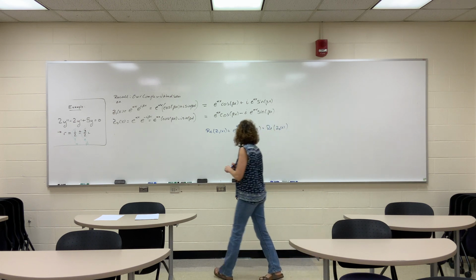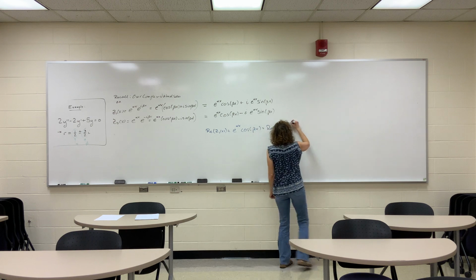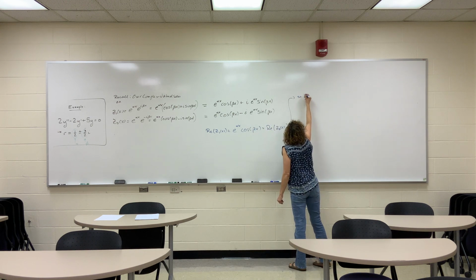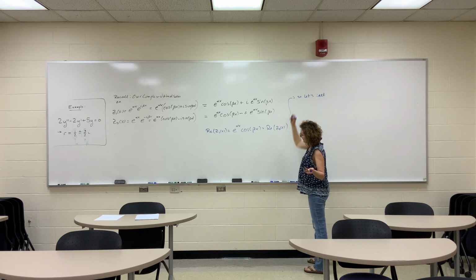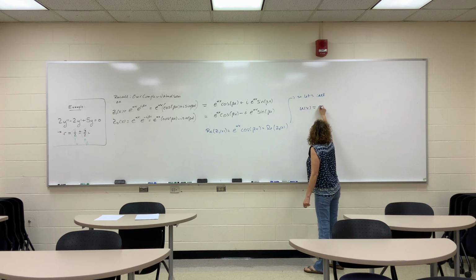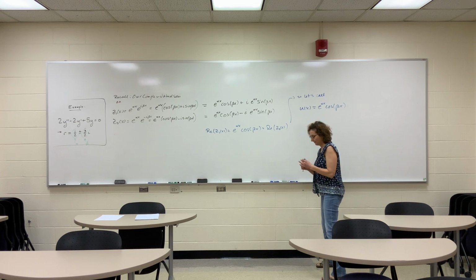So let's call that something shorter to write. All of that is a lot to write. Let's just call it u. Let's call u of x equal to e to the alpha x cosine beta x. Okay? All right.